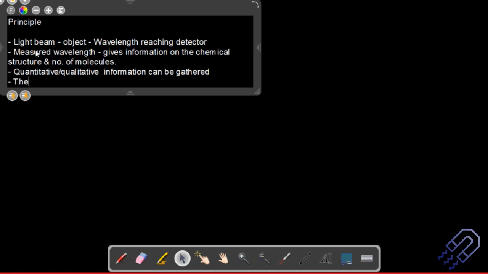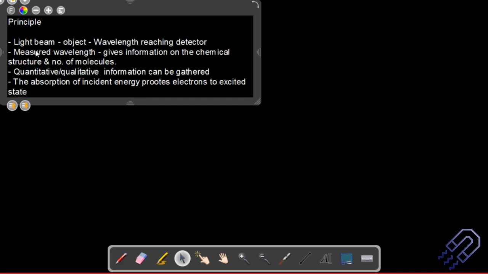So what happens is, if we have the absorption of incident energy, because these electromagnetic radiations have some kind of energy, and if they are absorbed by a system, it will promote the electrons, mostly the electrons, depending on how much the electron will go to the excited state.